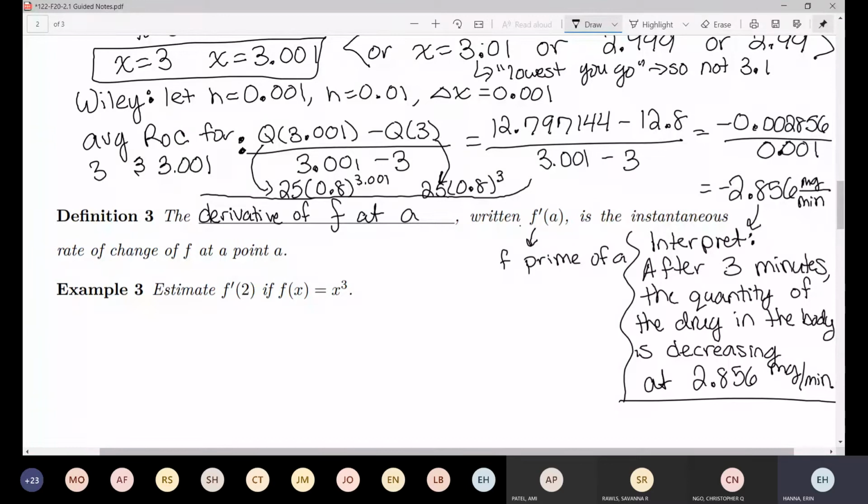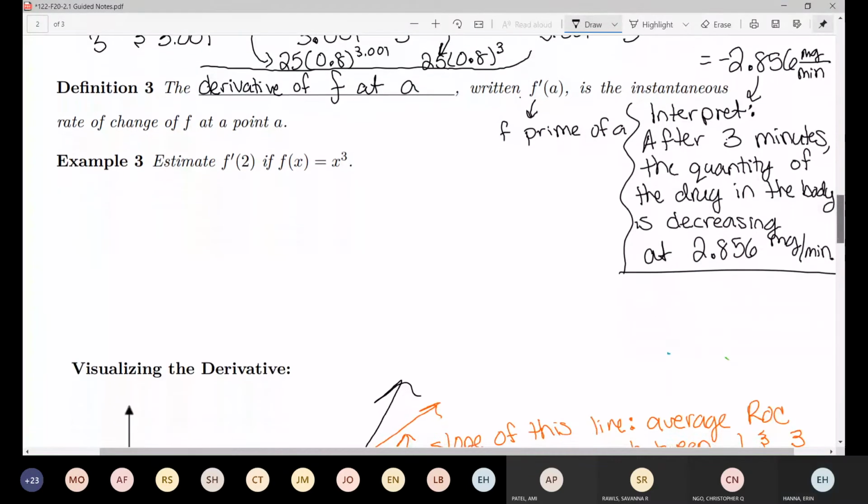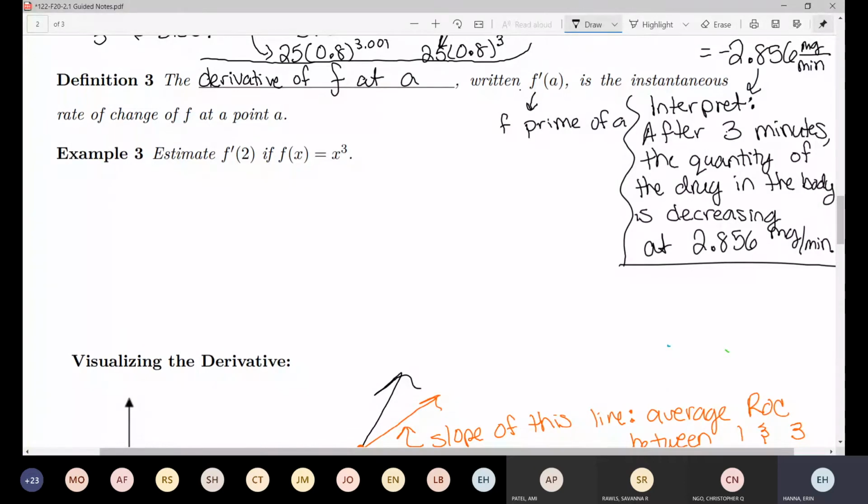Okay. So say I want to do an example of this, which again is an example of an instantaneous rate of change also. So say I want to estimate f prime of 2 if f of x is x cubed. So what we want is the instantaneous rate of change at x equals 2.